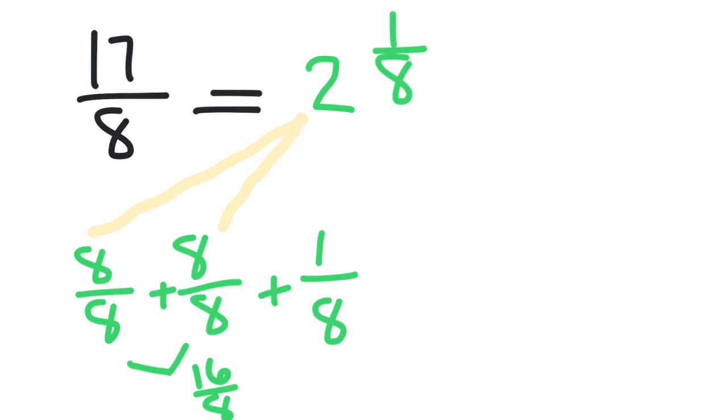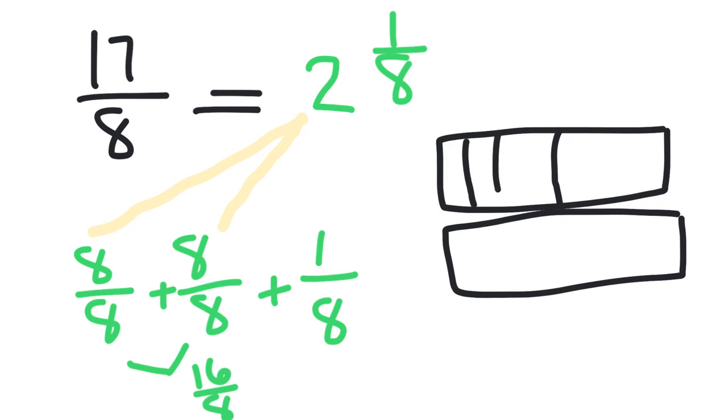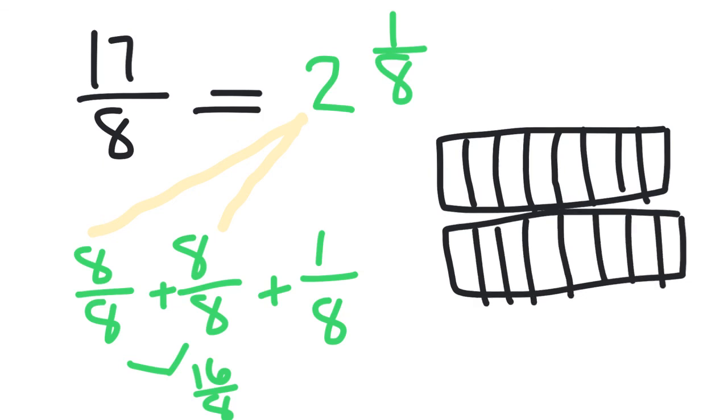I can also quickly draw that as a picture just to confirm my work. So I would have 2 wholes separated into eighths. And I have 2 wholes of those, so I can go ahead and color in all of them. So that's 8 so far, and then all of them, and that's 16 more.